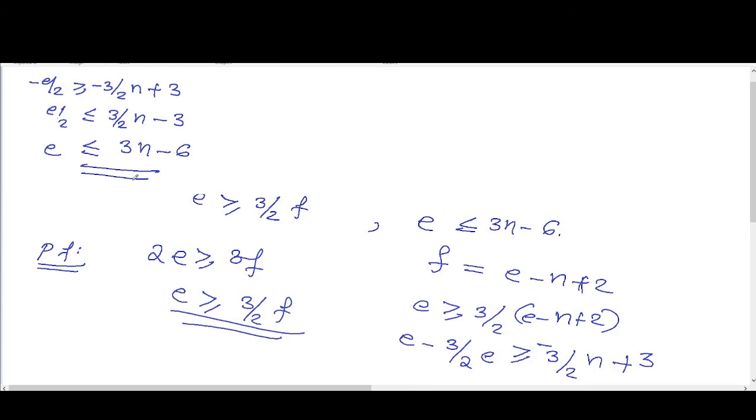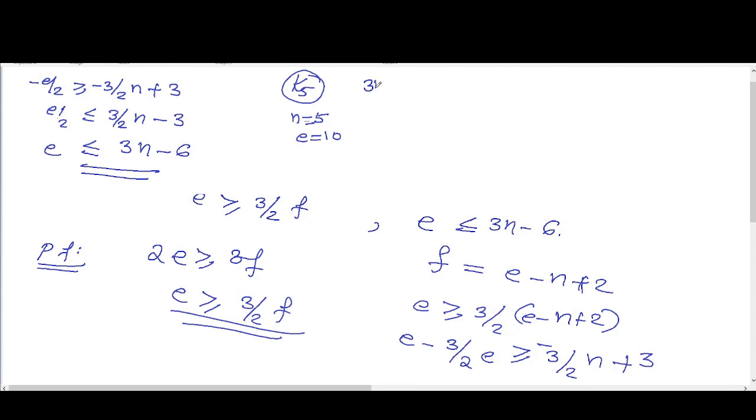Now, in order to check whether a graph is planar, we can use the above inequality, e less than or equal to 3n minus 6. This is necessary but not sufficient. Here, we can consider the example K5. We know K5 is non-planar and it is the first Kuratowski graph. In K5, the number of vertices n is equal to 5, and the number of edges e is equal to 10.